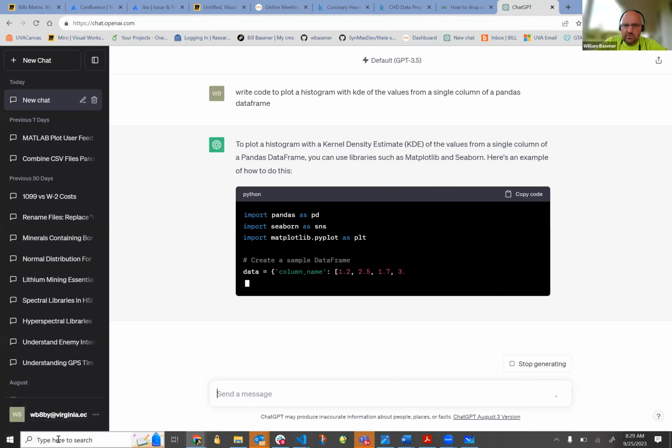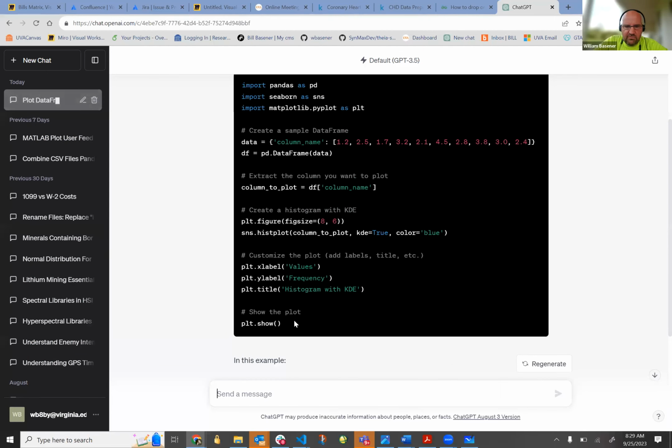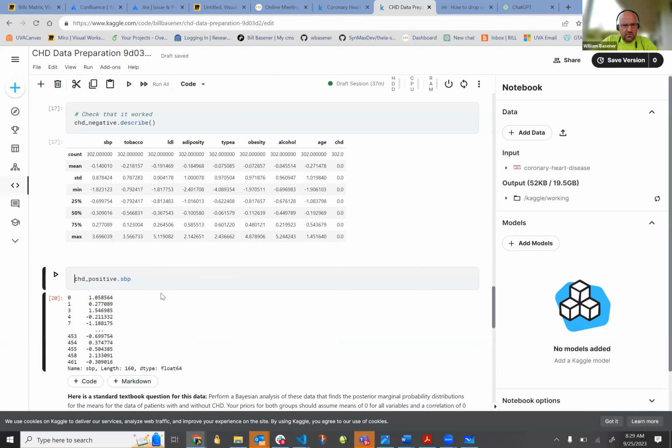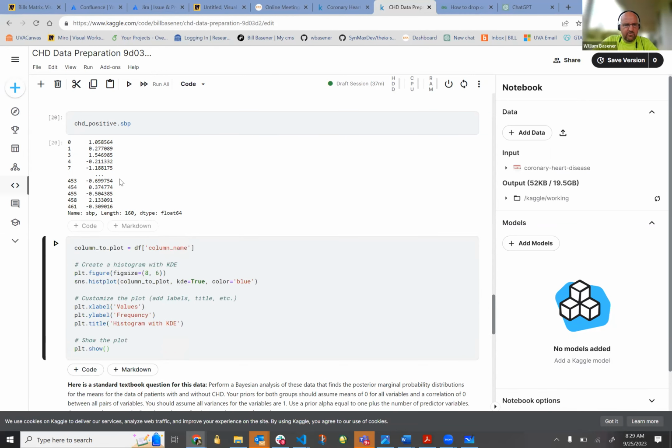Right, so this is giving us a nice little bit of practice using ChatGPT, and should give us what we're looking for.